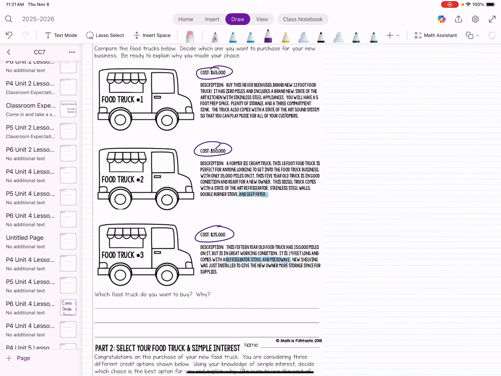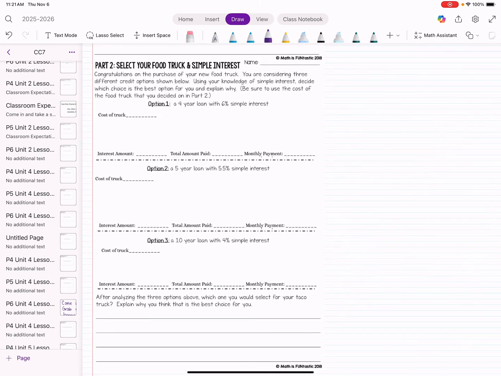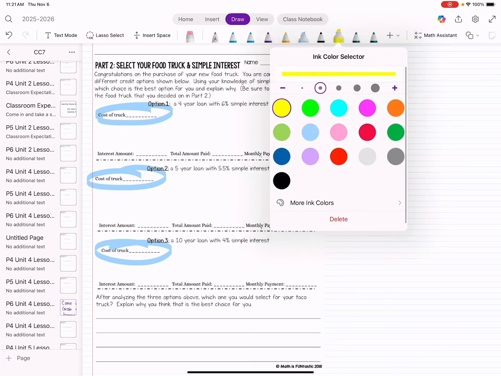Depending on what truck you choose, you will go to the second page and make sure that in this area here, you're writing the cost of the same truck. You're not writing different prices of trucks. You're only writing the cost of the truck that you chose. Once you write the cost of the truck, there are different options for loans that we can see here.